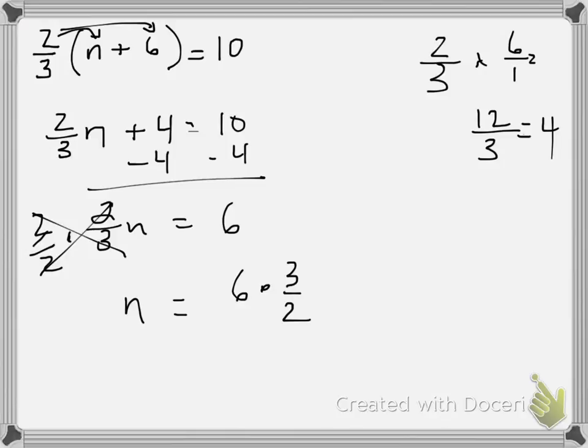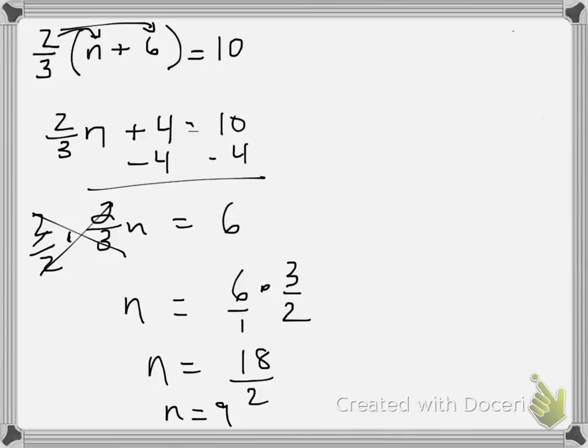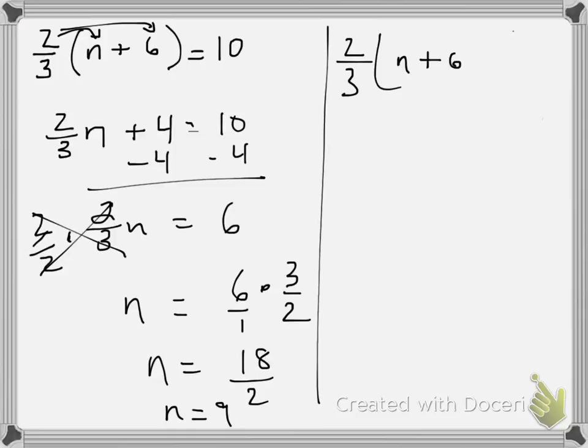and that is going to be 6 times 3 is 18, so that's going to be equal to 18 over 2, which equals 9. Now to do my check, I'm going to rewrite, I'll just draw a line here to keep it separate, rewrite my whole original equation. And then I will substitute in, and that's where I take n and I put the value that I got for n in place.